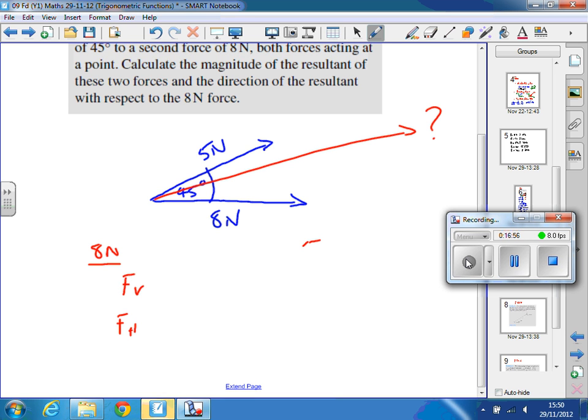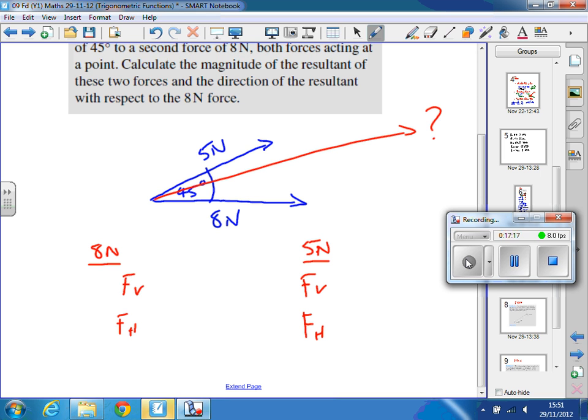We find the vertical and horizontal components for the 5 Newton force, and then we add them together and find the resultant.